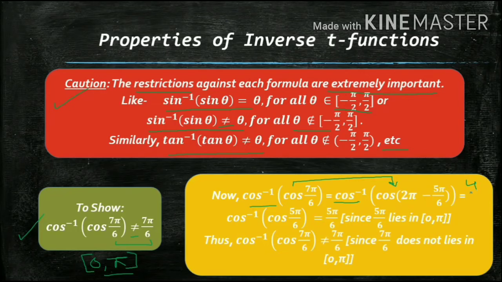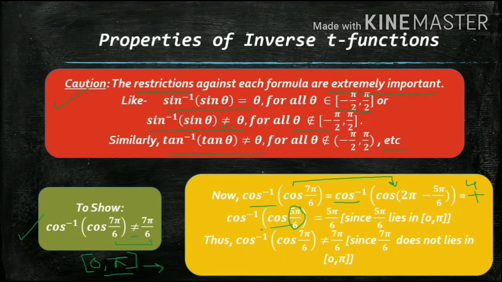In the fourth quadrant cos is positive. So it would be just cos theta. So cos inverse of cos of 2 pi minus 5 pi by 6 is nothing but cos inverse of cos 5 pi by 6. Okay. Now 5 pi by 6 basically lies in this interval 0 comma pi.